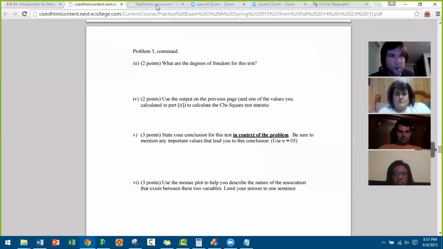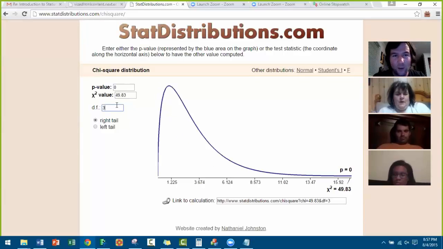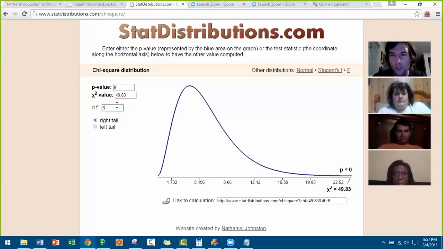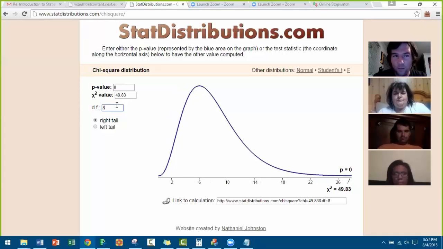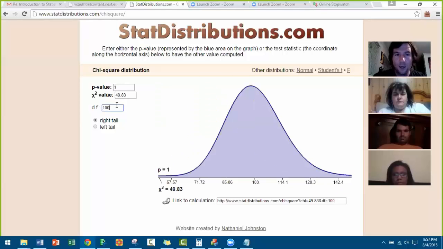A really cool thing about the chi-squared that I love: we always say degrees of freedom to be normal, and that holds true for a lot of these distributions. The F is a weird one. Let's just not talk about it. But the chi-squared, as we increase the degrees of freedom, do you guys see it becoming more normal? Put it to 10 and then put it to 100. It becomes more normal as you give it degrees of freedom.